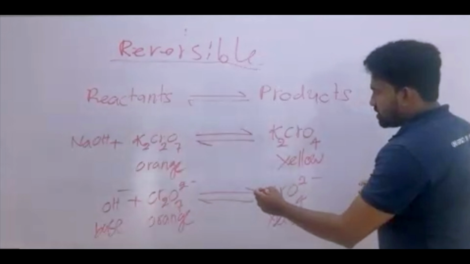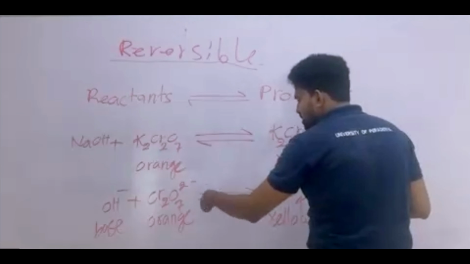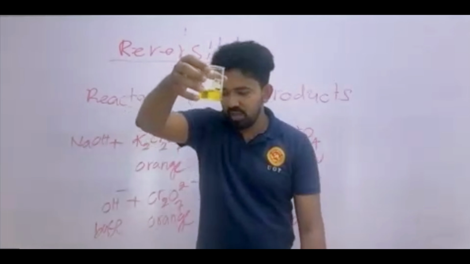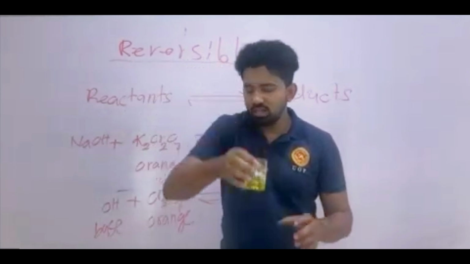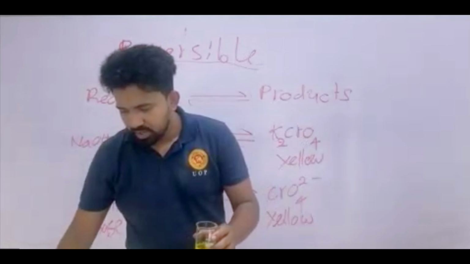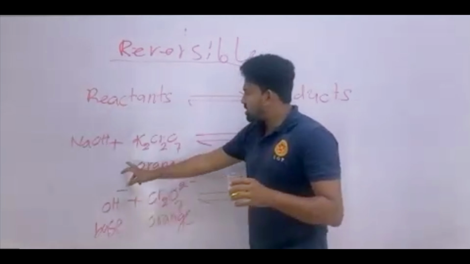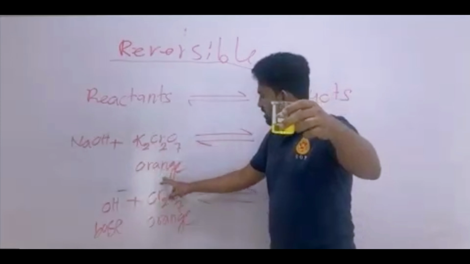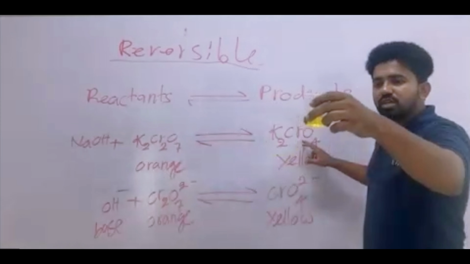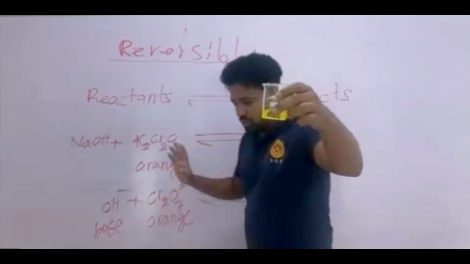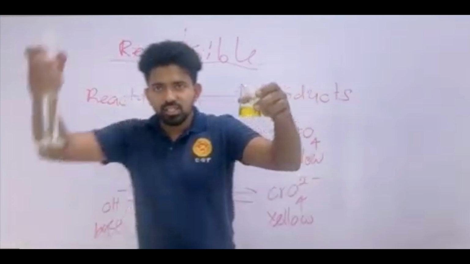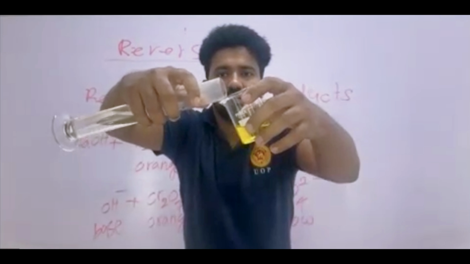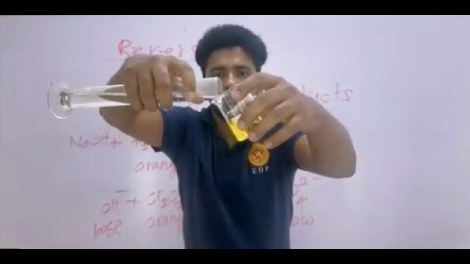Now we have this one. After that, what we can do is this. We had some reactant, and then we got a product, which is yellow in color. Now I'll get the HCl which we prepared and put HCl into this one.